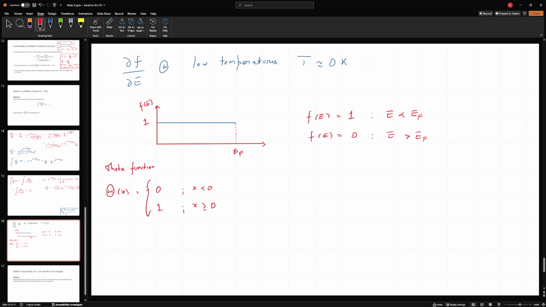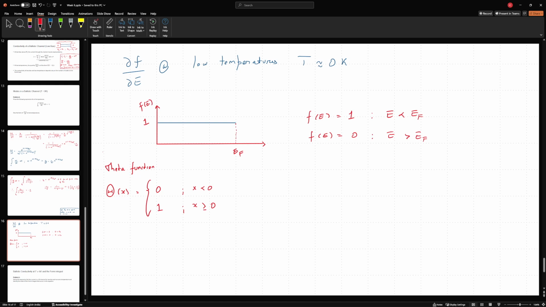Theta function can also be written as a ratio of the magnitude of a number divided by the actual value of the number on the real line. But we shall not use that. We shall just use this definition. So from this, I know that this function vanishes over here. Like it is 0 for e negative also. Let me assume I'm extending the axis to the negative side as well.